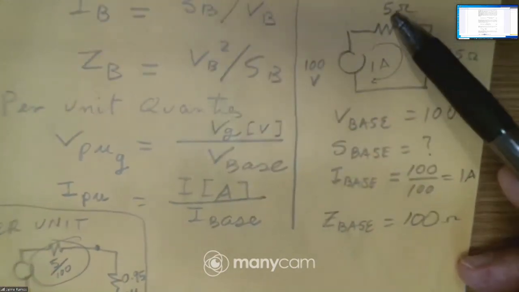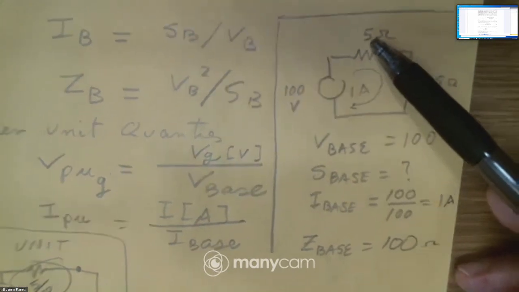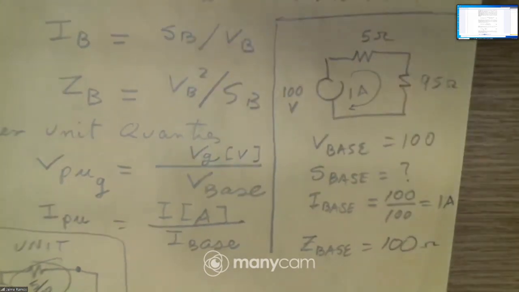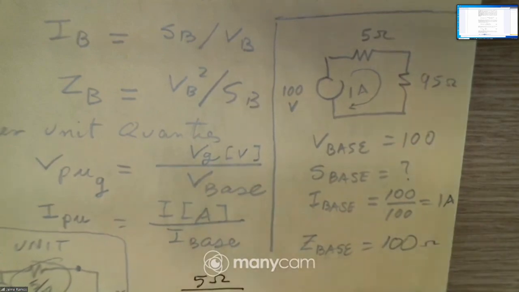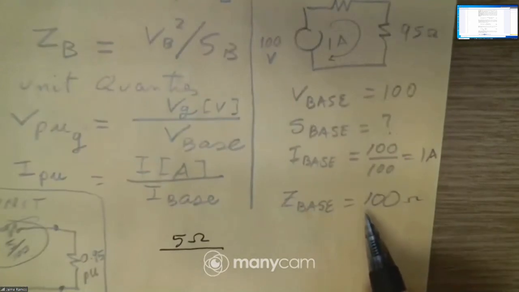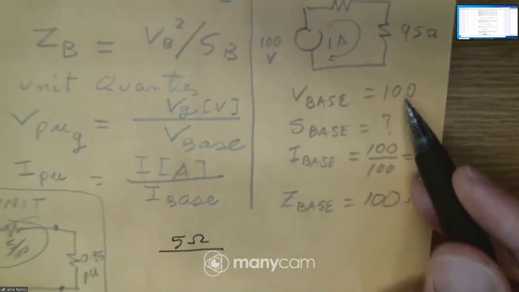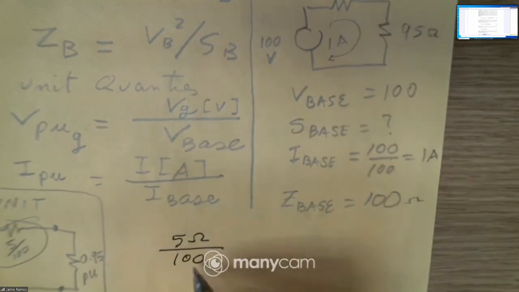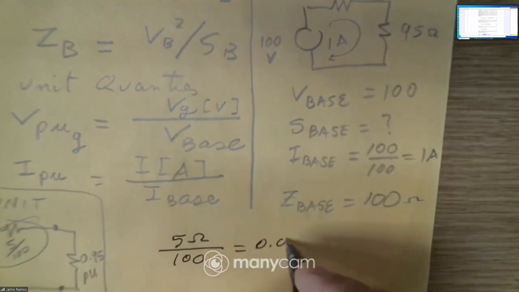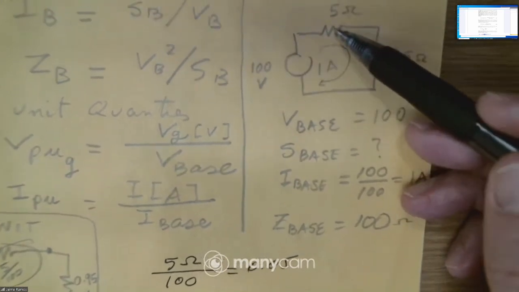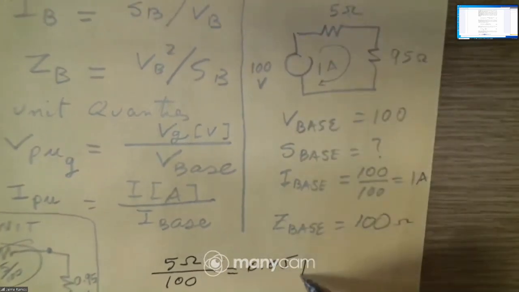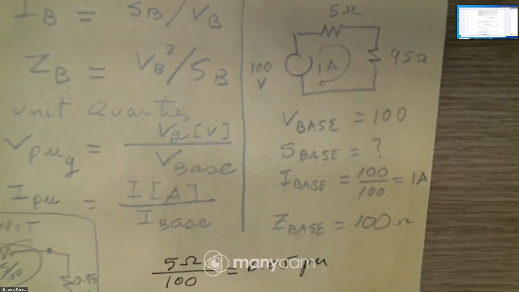So this resistance is going to be, okay, so now 5 ohms divided by the base resistance. What's the base resistance? The base resistance is right here, over 100. So then this resistance becomes 0.05 per unit.